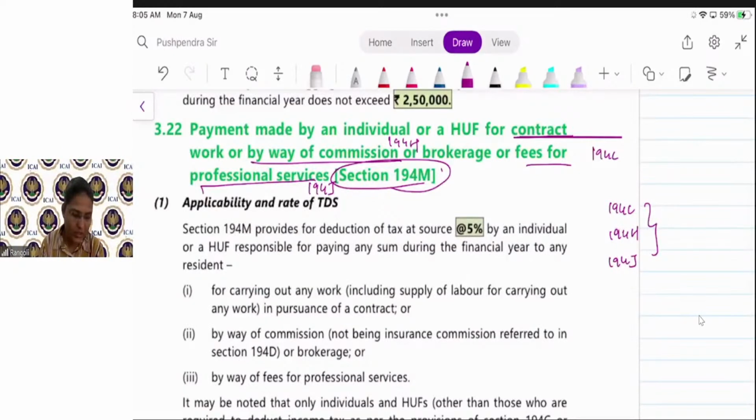Obviously, the TDS is required to be deducted at the time of payment. So whatever amount government will pay on compensation or enhanced compensation, they will deduct TDS.